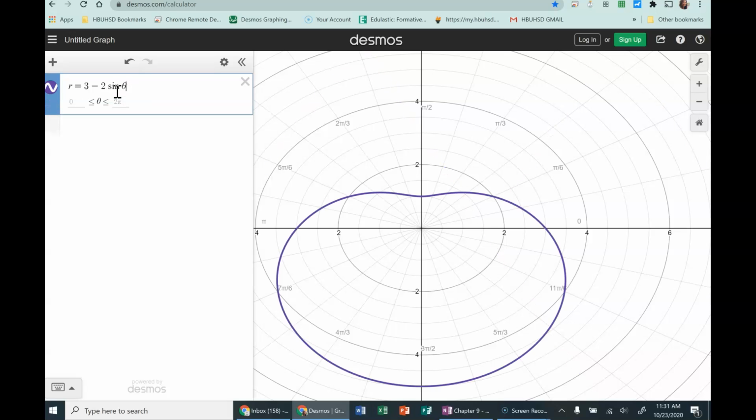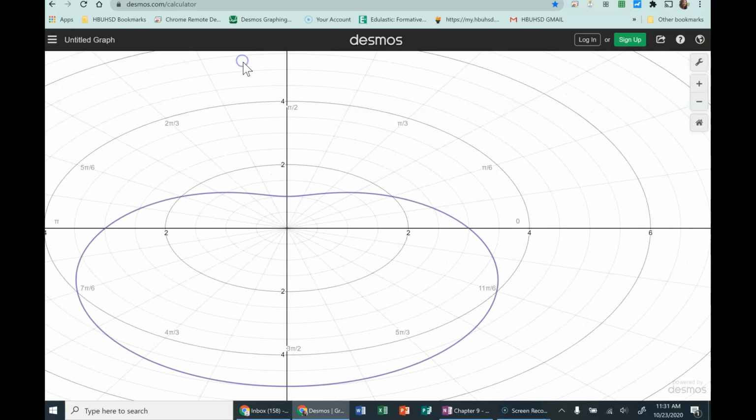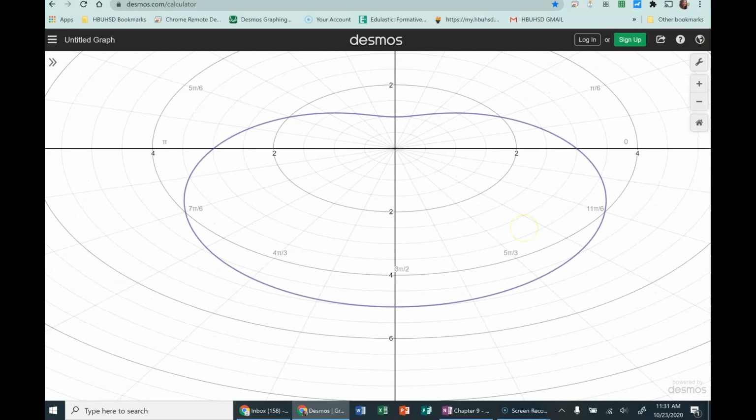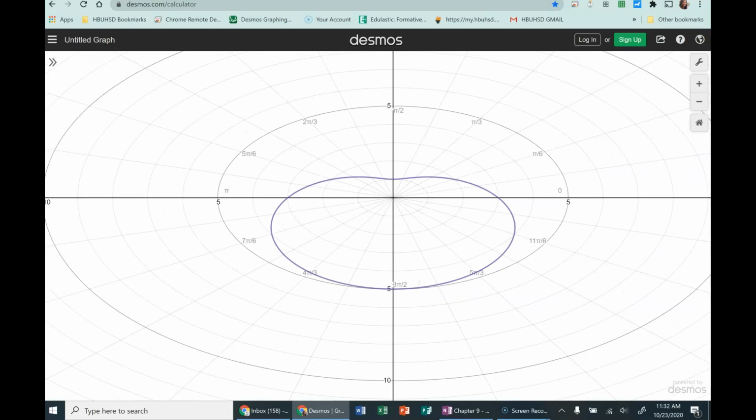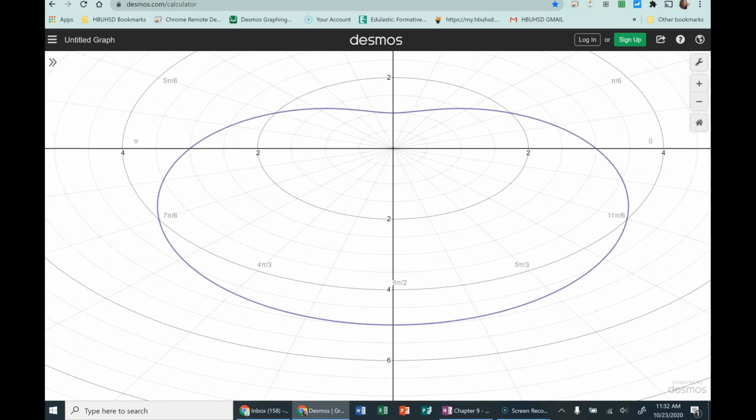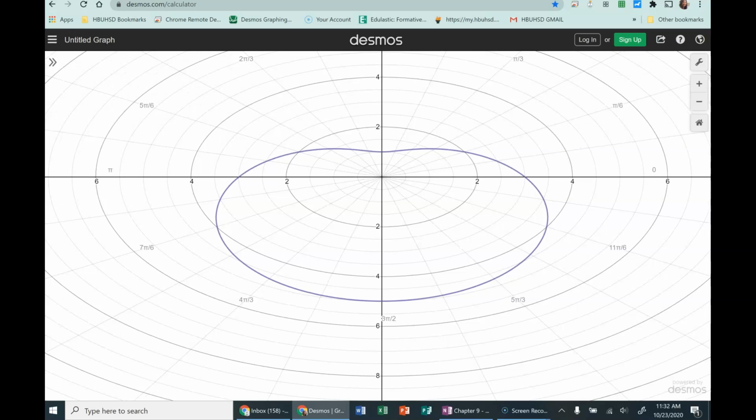All right, so as you can see, it is definitely not symmetric about the x-axis, aka the polar axis, but it is symmetric about the y, aka the line theta equals pi over 2. Okay, as you can see, would you agree that it does not run through the origin? But it looks almost like a lazy heart, or almost like a bean, okay?